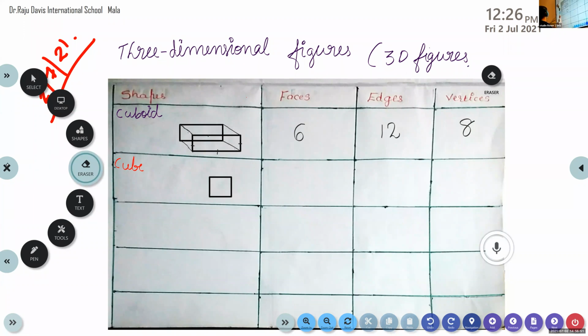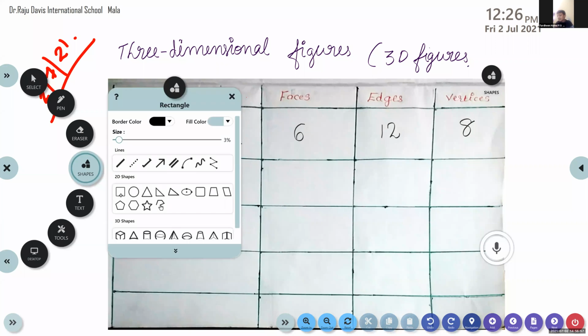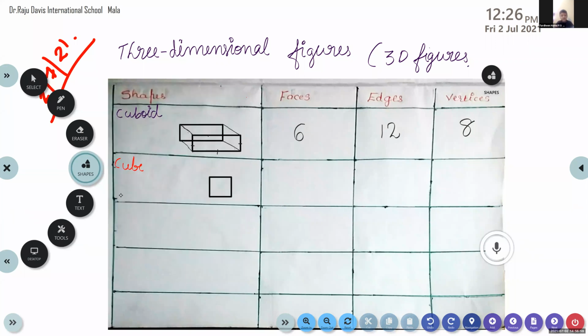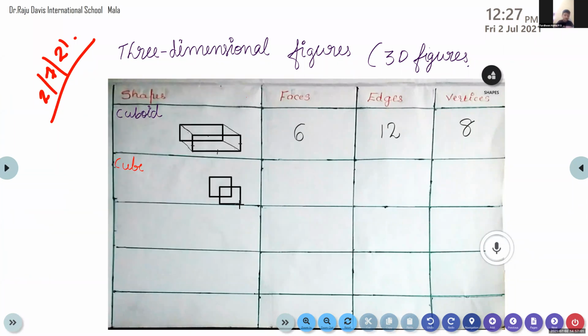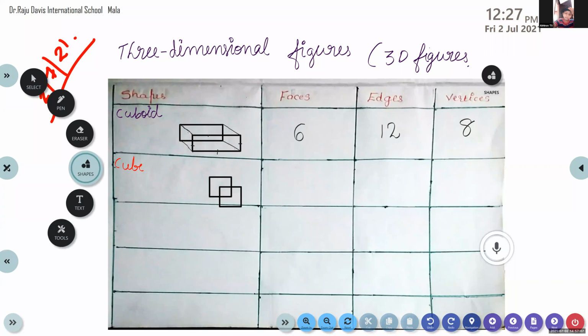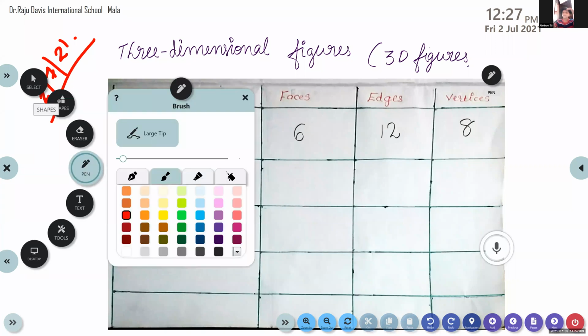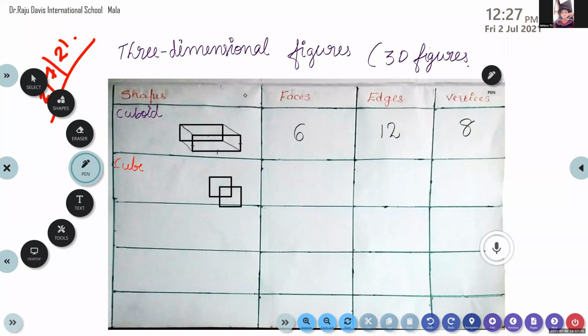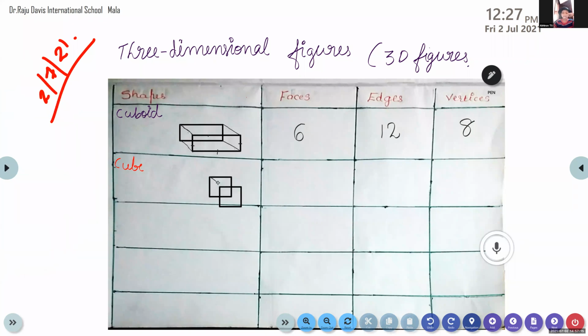After that, you can connect the corners of the squares. Yes, good. Connect the corners.